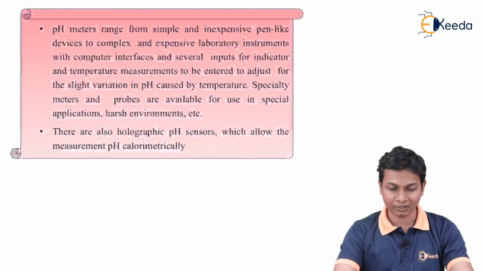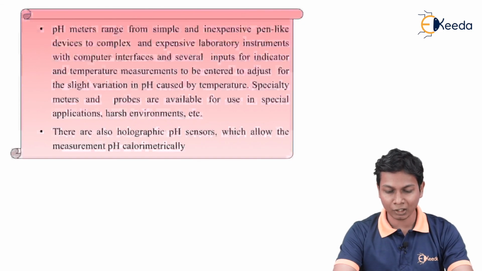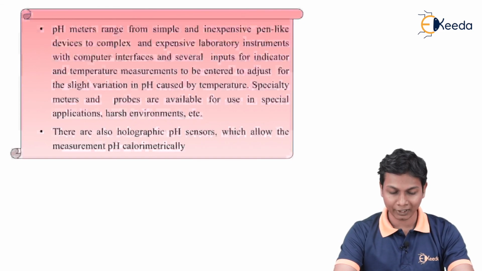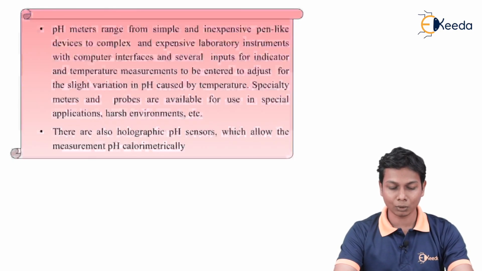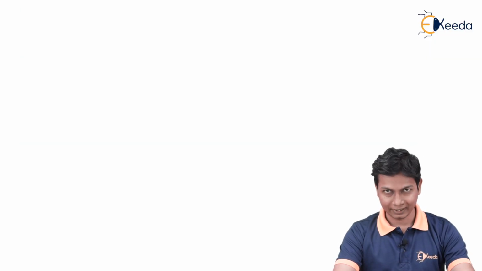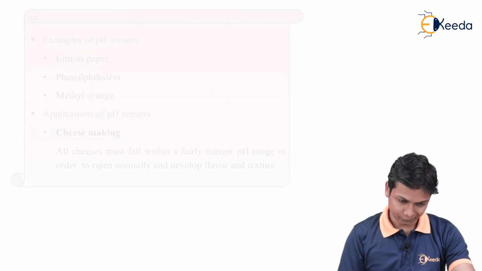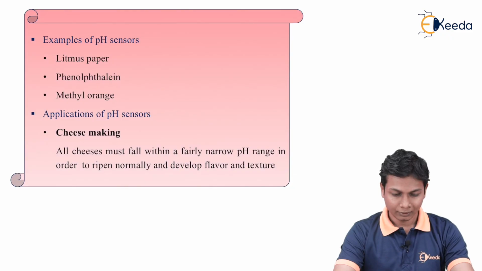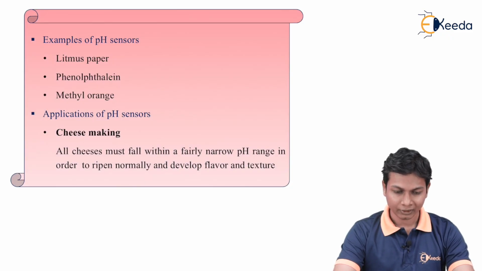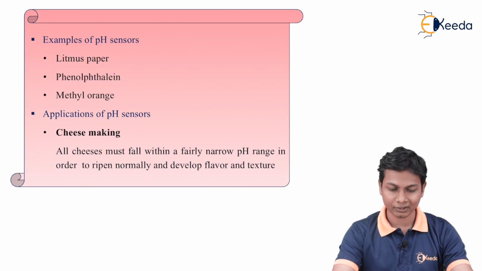Special meters and probes are available for special applications like harsh environments. There are also holographic pH sensors which allow the measurement of pH colorimetry. Now let's see various examples of pH sensors. Litmus paper, phenolphthalein, and methyl orange are examples of pH sensors.